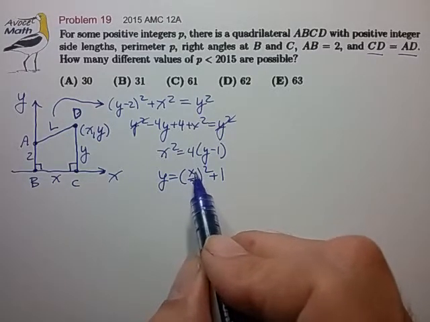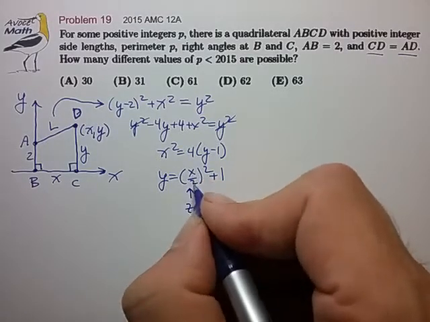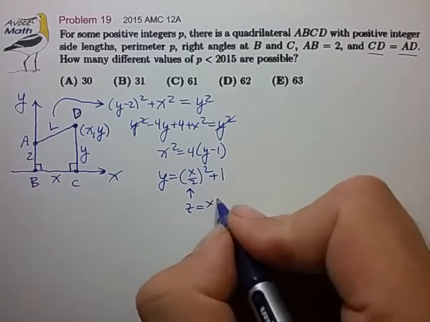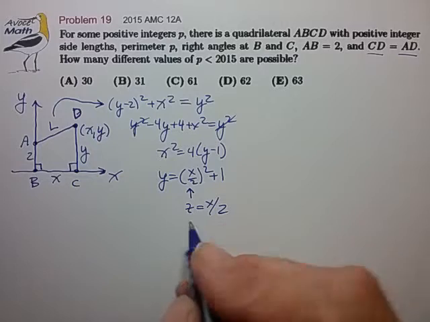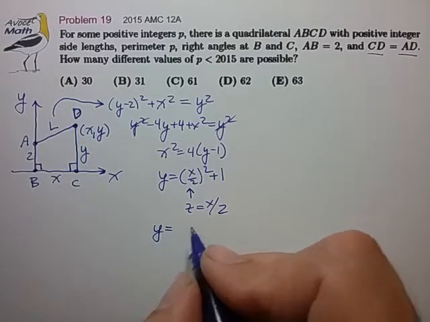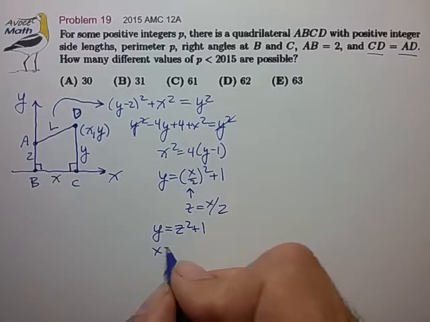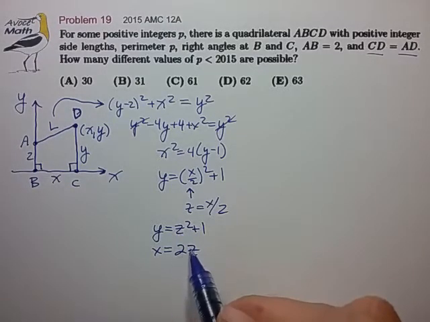And that suggests the variable substitution calling z equal to x over 2. And so now we see that for any integer value of z, we can generate the integer value of y and the integer value of x. So z looks pretty convenient because any integer value of z gives us a valid solution.